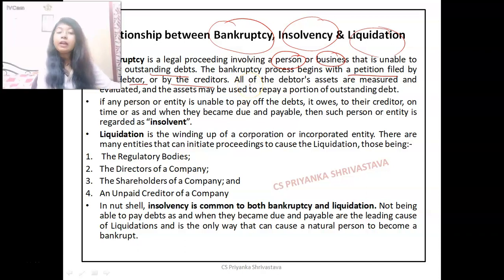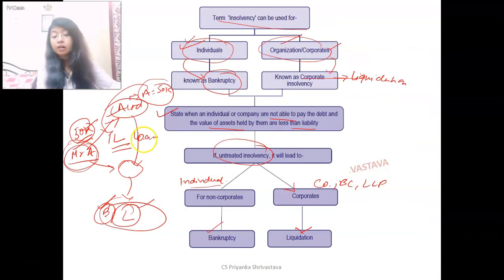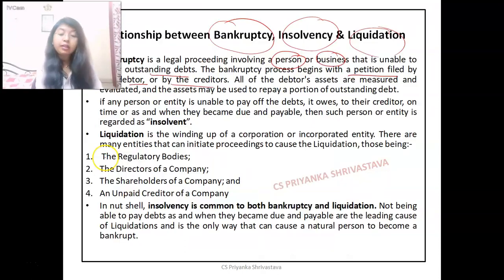So basically they file the petition, that is, Mr. A here can file the petition to NCLT, and all the debtor's assets are measured and evaluated, and the assets may be used to repay a portion of the outstanding debt. So basically they will see first of all what assets the company has and what debtors the company has. Debtors means persons from whom the company has to recover money. So they estimate the amount of recovery the company, firm or individual needs to make from any person.